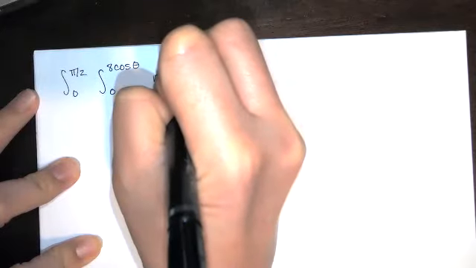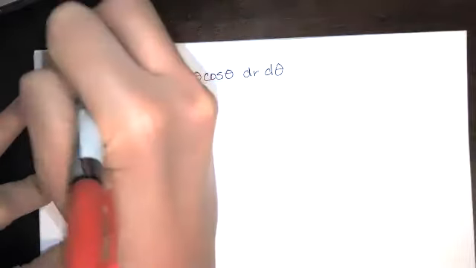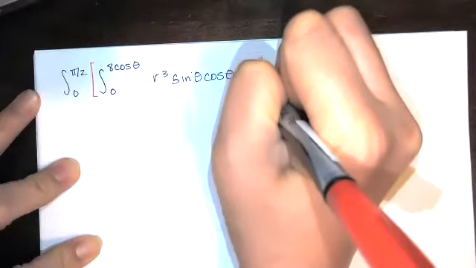All right, so we're integrating from 0 to pi over 2. We've got the integral from 0 to 8 cosine of theta, and our integrand was r cubed sine of theta cosine of theta, dr d theta. Start on the inside and work your way out.